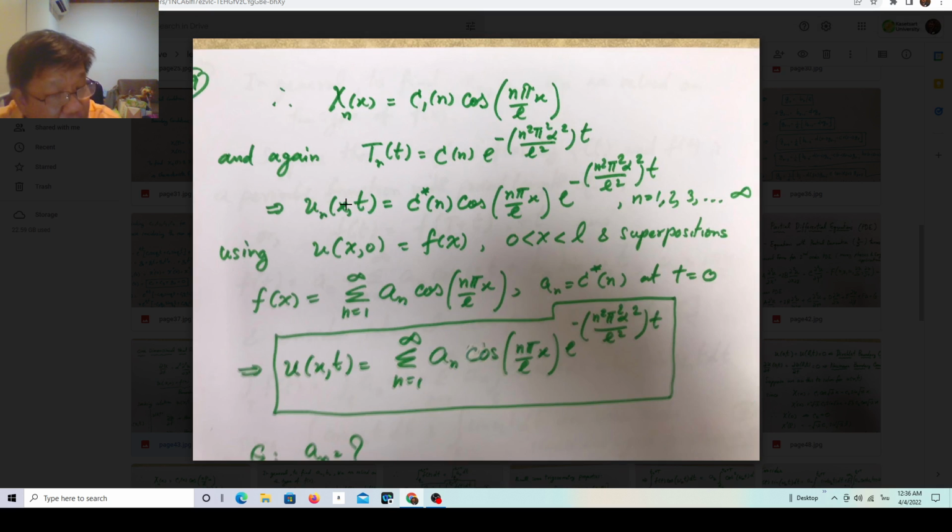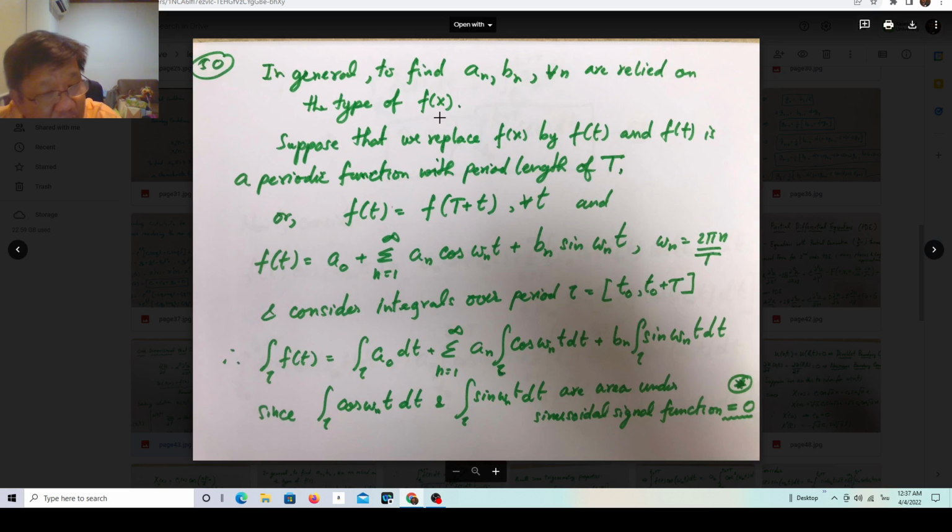You remember x is the dimension of the object that heat will flow through, and t is time. But here we suppose that f of x is not the dimension of the object anymore. We replace this with a domain t. So x and t are the same domain. But t here becomes a function according to time, okay?